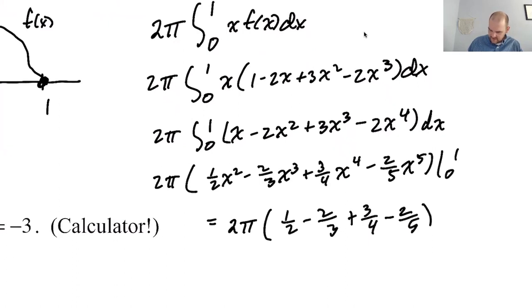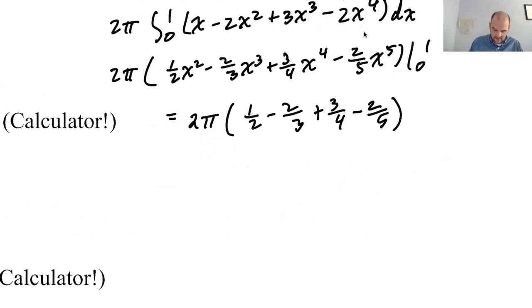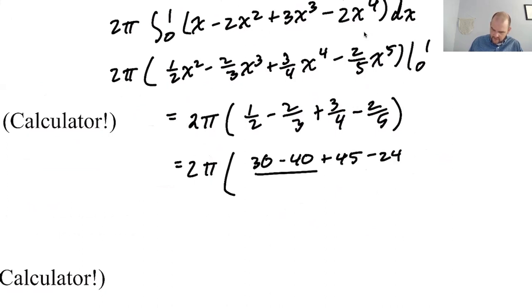What is the common denominator here? Like 60? 2 times 3 times 2 times 5. I think it's 60. I'm going to go with that. 2 pi times 30 minus 40 plus 45 minus 24 over 60.